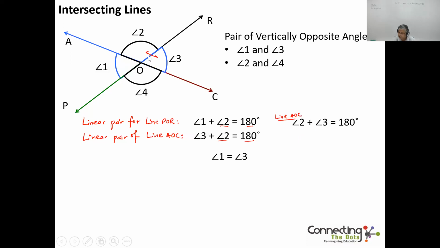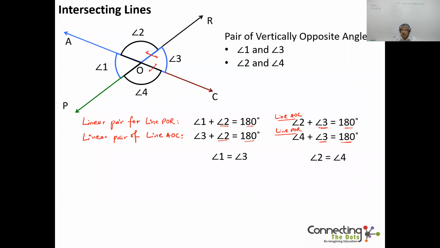And we have taken 4 and 3, that is line POR. And you see here again, angle 2 plus angle 3 is 180, and angle 4 plus angle 3 is 180. So the same thing added to angle 3 gives you 180, which means 2 and 4 should be equal.